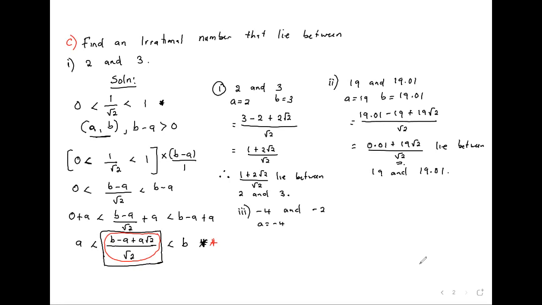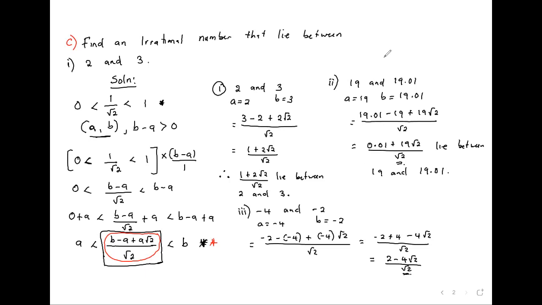A is -4, B is -2. Then in the formula, we have -2, which is B, minus -4, plus A, which is -4, multiplied by √2 over √2. This is equal to -2 plus 4 minus 4 √2 over √2, which is equal to 2 minus 4 √2 over √2.